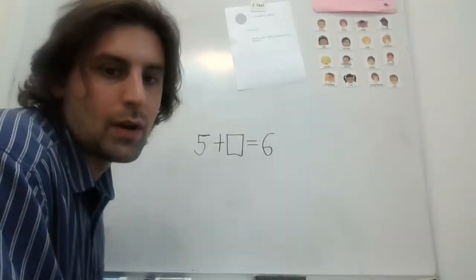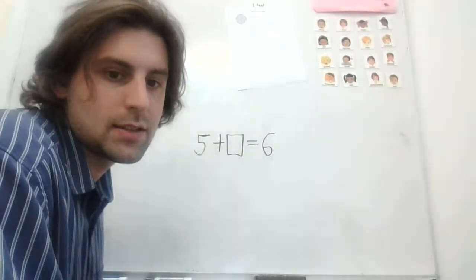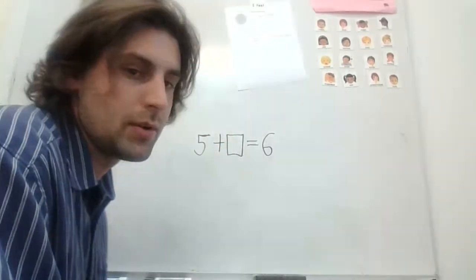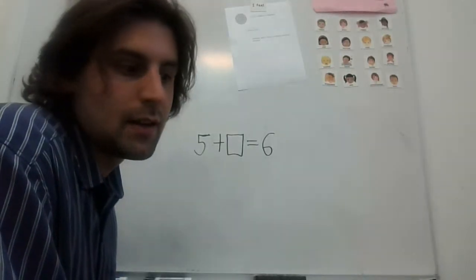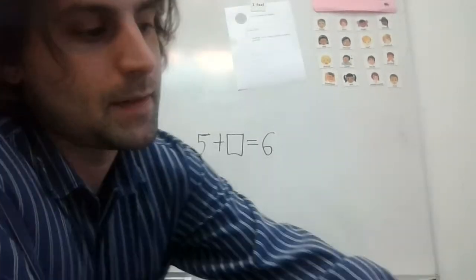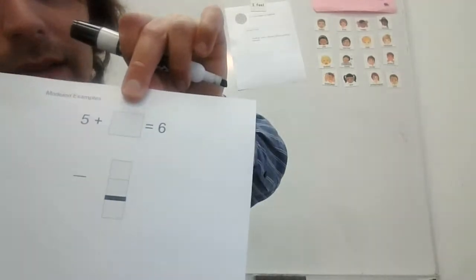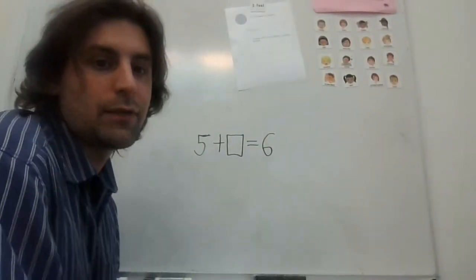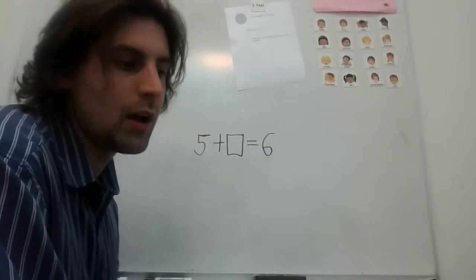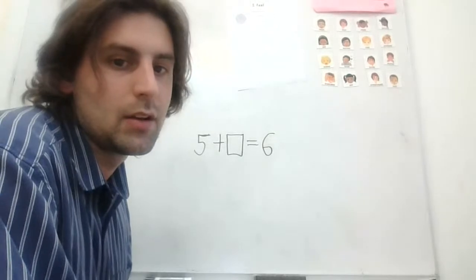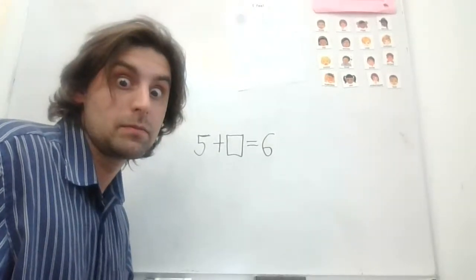So you've got to figure out what are we going to do with the 5 and 6? What problem do we have to set up to find the missing number? This is what it looks like on your sheet. And determine what numbers to subtract. Sort of give you a big hint there. But when I say freeze, you're going to pause the video. You're going to set up the subtraction problem and solve it. Freeze!